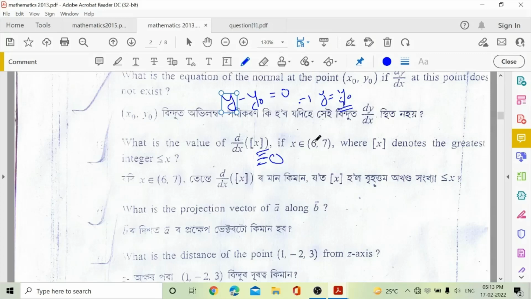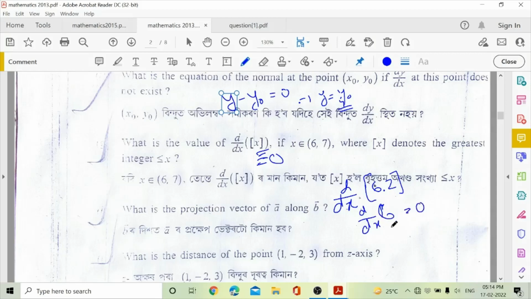That means if we consider any decimal point, it lies between 6 and 7, it will become what? Let us consider 6.2. d by dx of, shortcut way. Okay, this is not the correct procedure. Suppose you have to find out at 6.2. What is the greatest integer value of 6.2? It is equal to 6, and d by dx of 6 is equal to what?